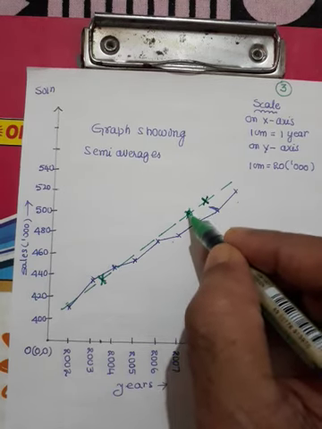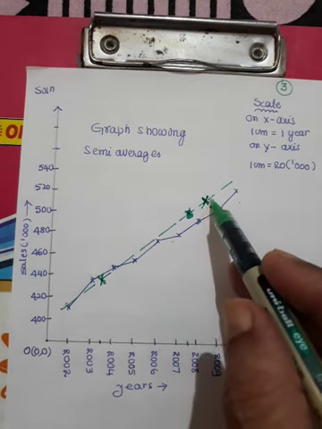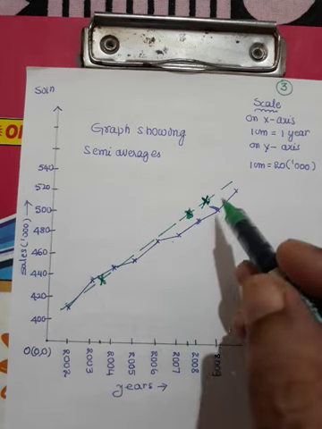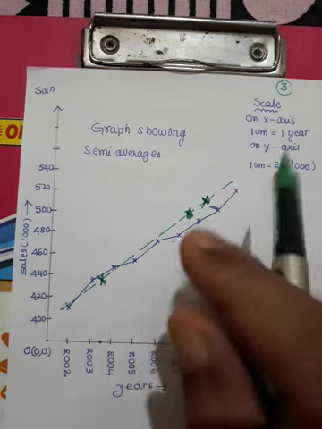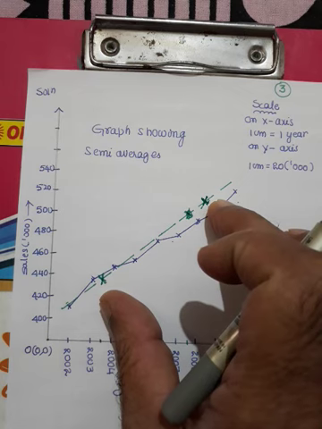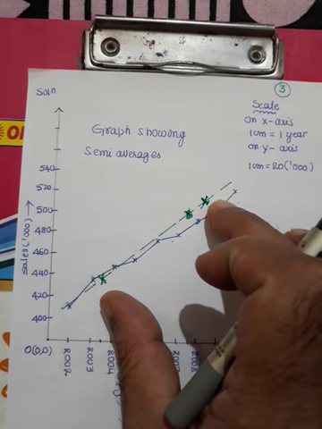This is the second semi-average, or second trend point. So we have two semi-averages, and these two semi-averages are taken on the graph sheet.